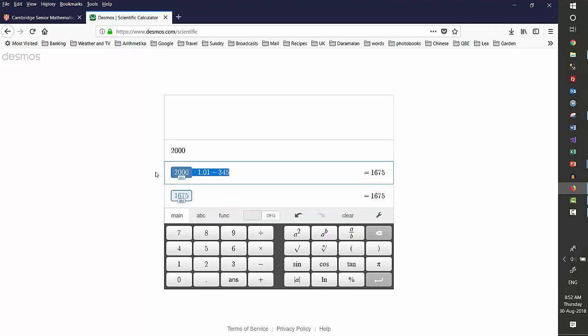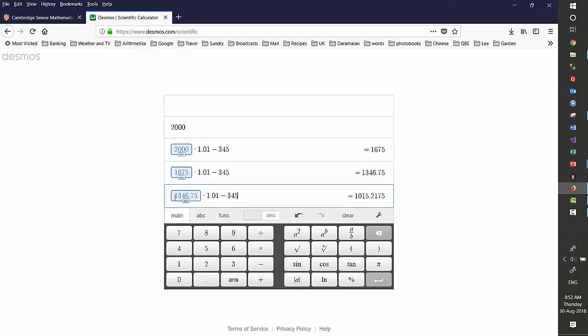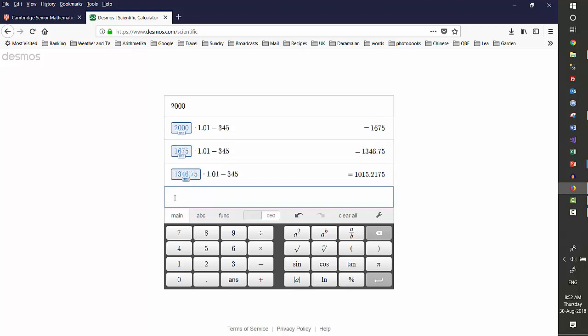Copy that, paste it in there, gives me 1675, which is my new balance, times 1.01 minus 345 gives me 1346.75. Do it again. $1,015 left owing.